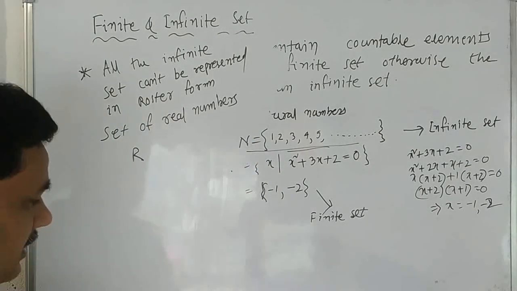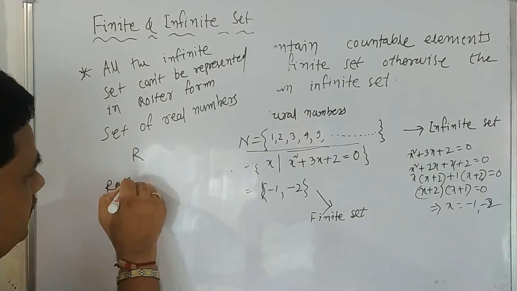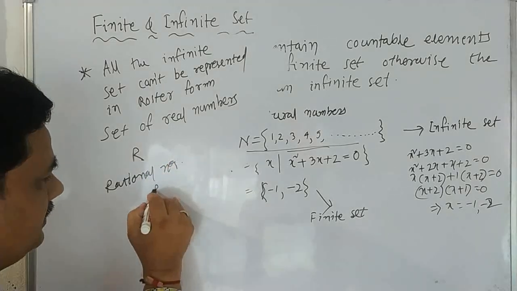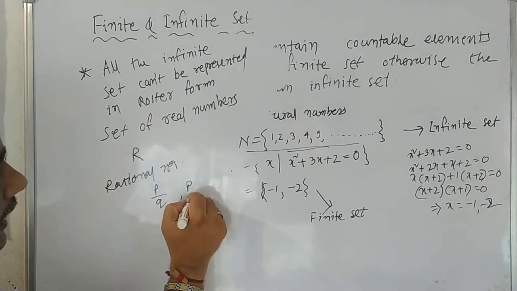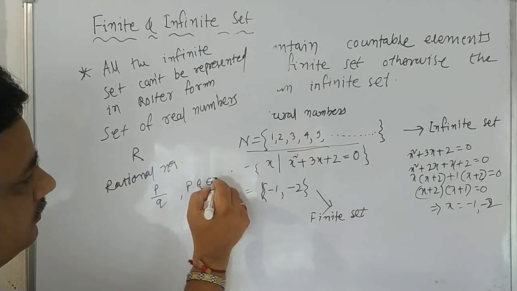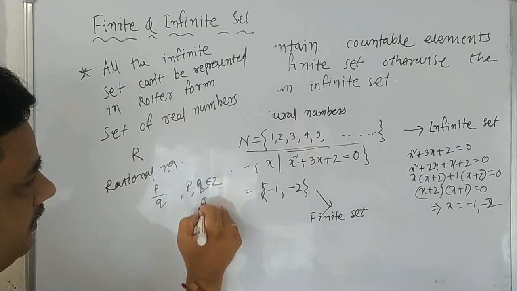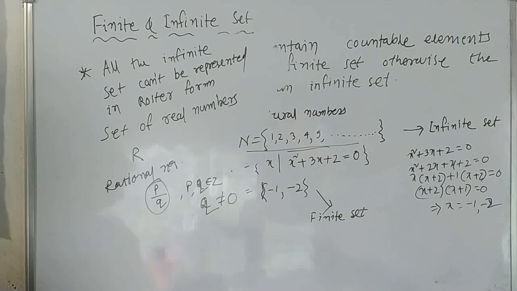Even in rational numbers, a rational number is in the form of p by q, where p and q belong to Z, integers, and q is not equal to 0. So p by q is not certain.